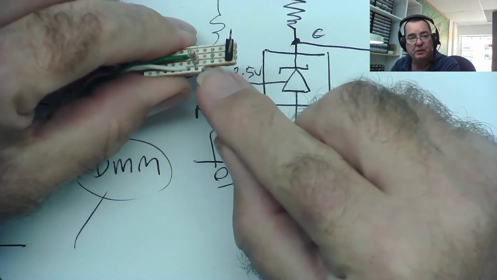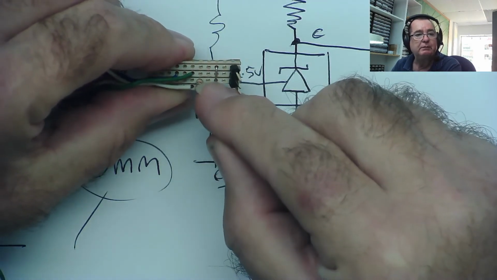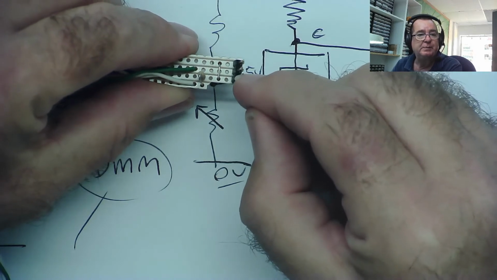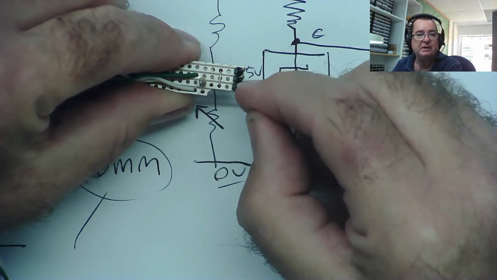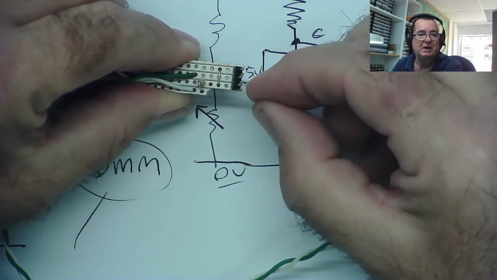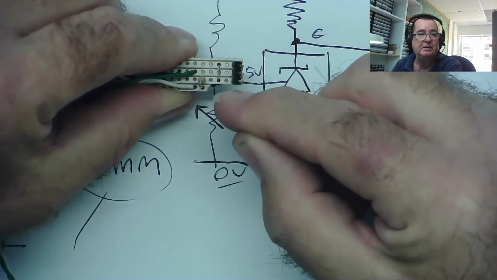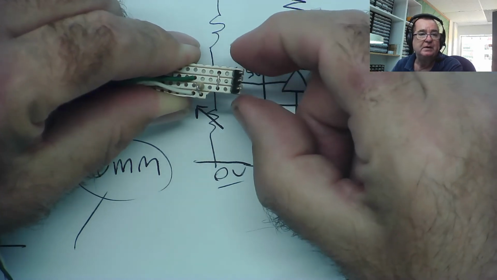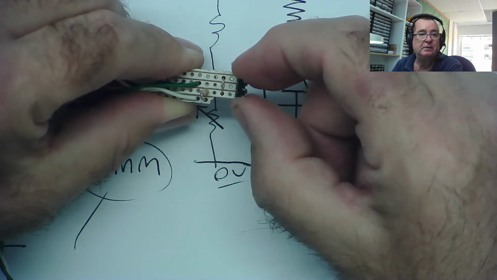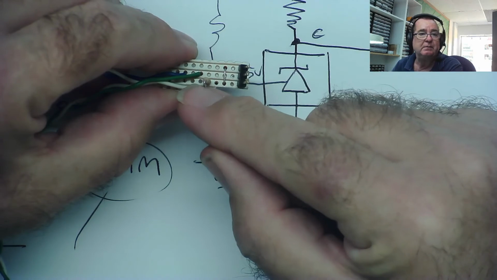The positive supply comes into this resistor, and through the resistor it goes to this pin. Imagine this is going to be one end. This is where we're going to put our device to test, our TL431. So through the resistor goes to this pin, and through this link it also goes to this pin. So both ends there are connected to the resistor.